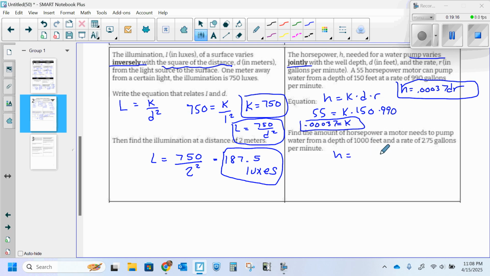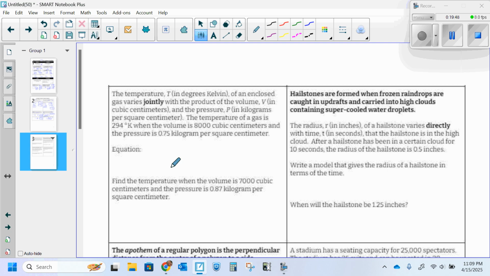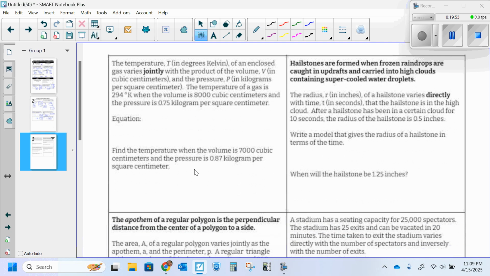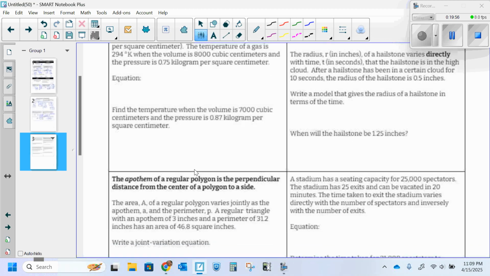So we're going to find H to pump water 1,000 feet at a rate of 2.7 gallons per minute. And the unit here is just horsepower. Okay, so very important that I think underlining is helpful when you do these. We've got direct variation here.